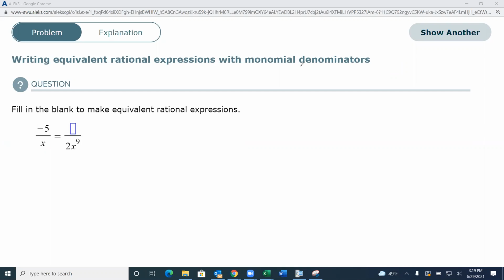So what did I multiply x by to get 2x to the 9th? I multiplied it by 2 and by 8 more x's, so that these multiply together to give me the new denominator. If I did it to the bottom, I'd better do it to the top. So I'll multiply the top by 2x to the 8th, and -5 times 2x to the 8th gives me -10x to the 8th.